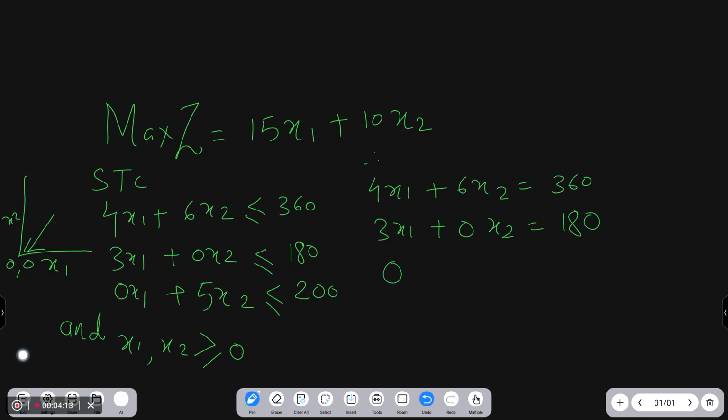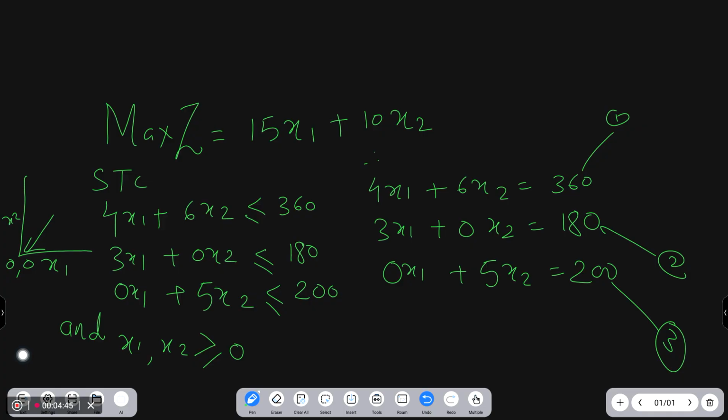Then next one is 0x1 plus 5x2 is equal to 200. I am naming these as equation number 1, equation number 2 and equation number 3.